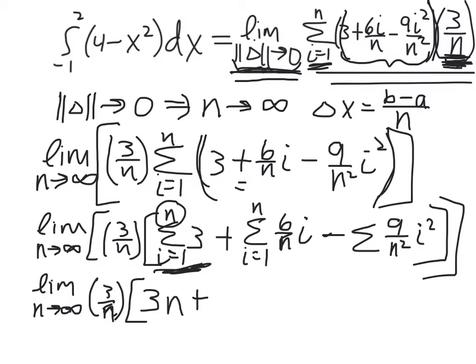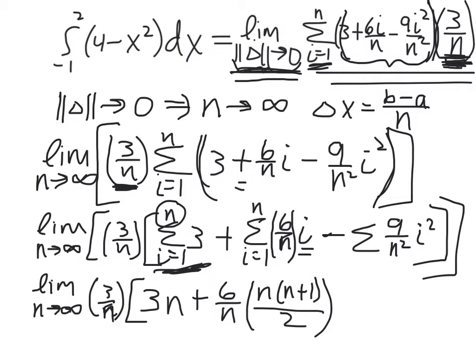Now this next one, take it in two parts. The 6 over n, we can factor out of that one summation, just like we did the 3 over n at the very beginning. So we'd have 6 over n times the summation of i left. And what's the formula for the summation of i? Okay, n times the quantity n plus 1 all over 2.